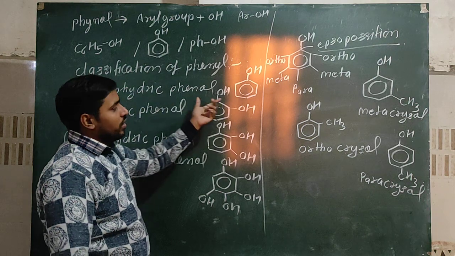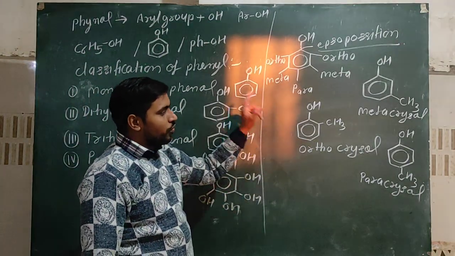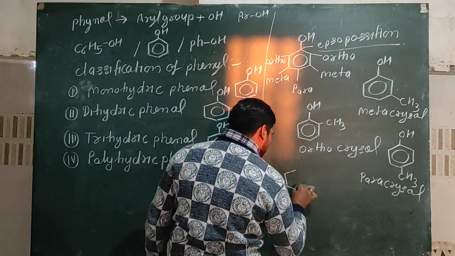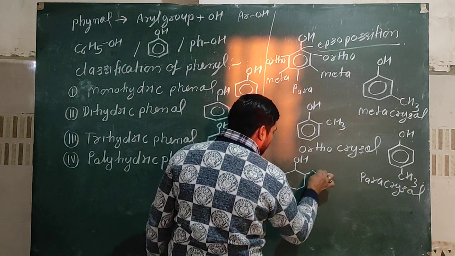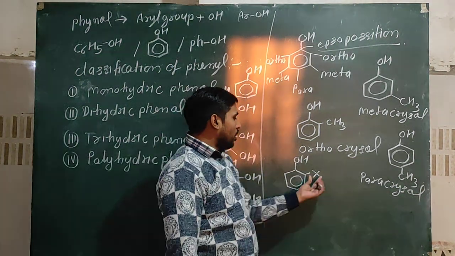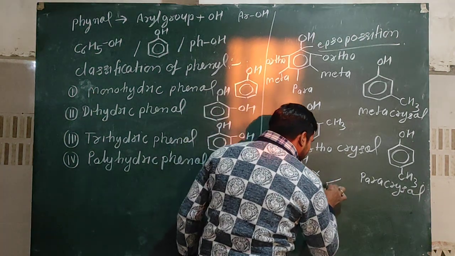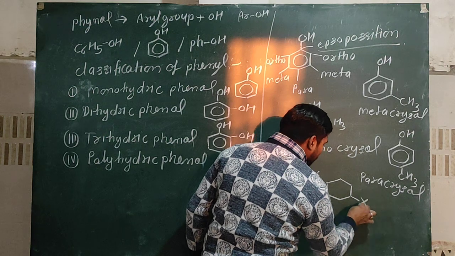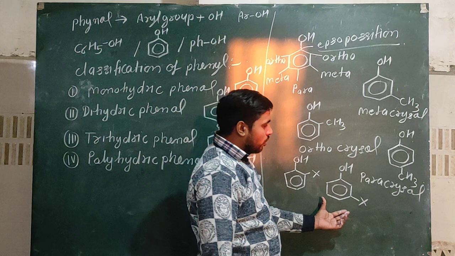Okay. On the basis of this, we can easily understand what different names of monohydric phenols are used according to the functional group which is attached with the phenyl ring. If any phenyl ring contains X in its ortho, meta and para position, then orthohalophenol. Okay, if it contains halogen toward the meta position, then it is known as metahalophenol.